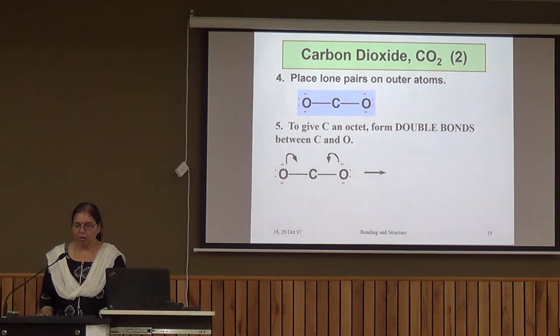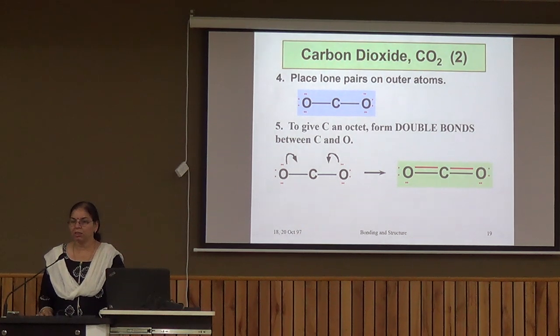Now see, carbon octet is not complete, while both the oxygens have the complete octet. That is why 1 lone pair of each oxygen is shared with the carbon.